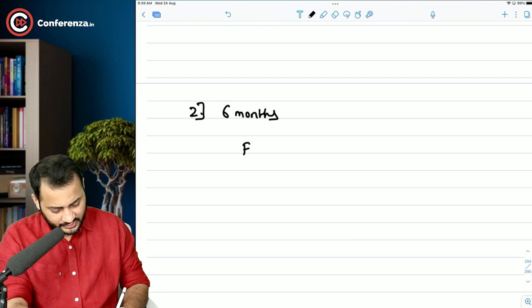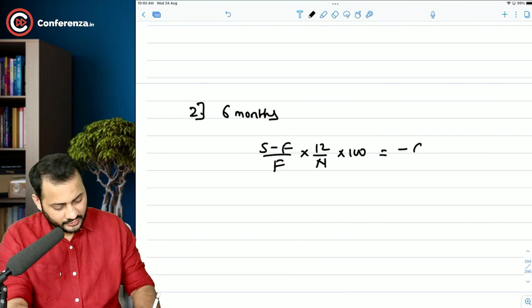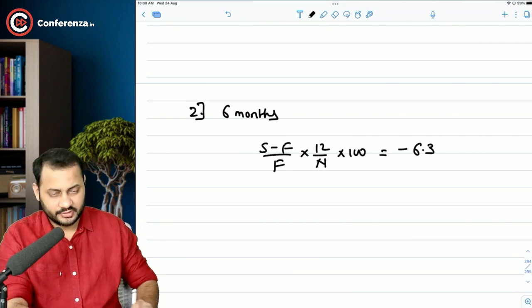And this time I will start with forward discount. Instead of writing everything, I will just go with the formula directly. (S minus F) by F into 12 by N into 100 is equal to minus 6.3%.